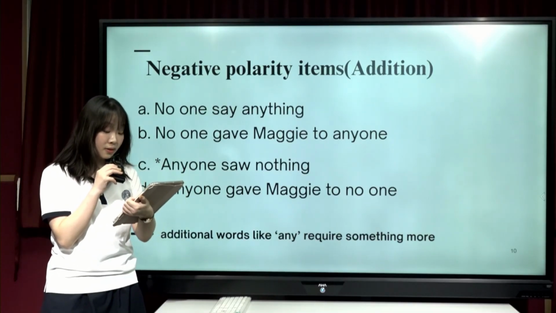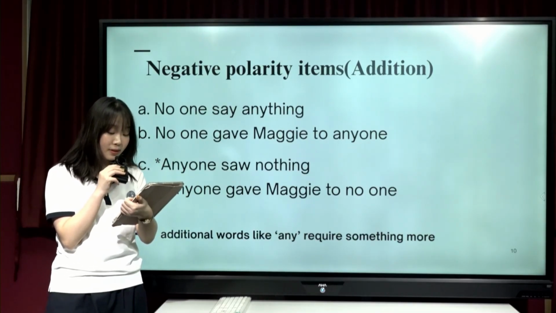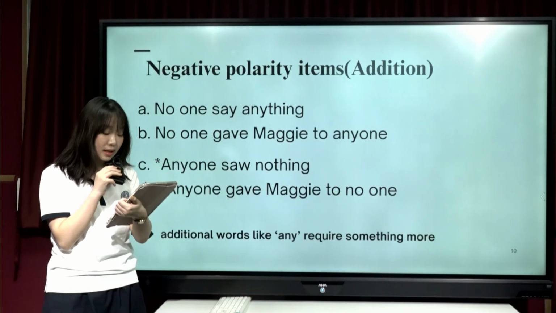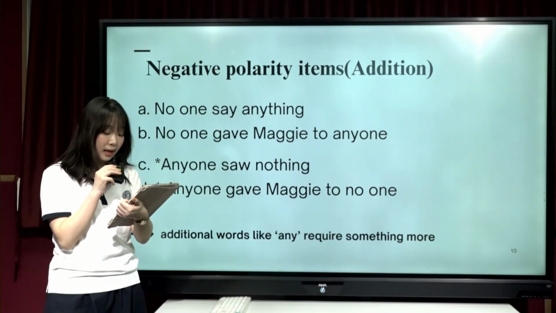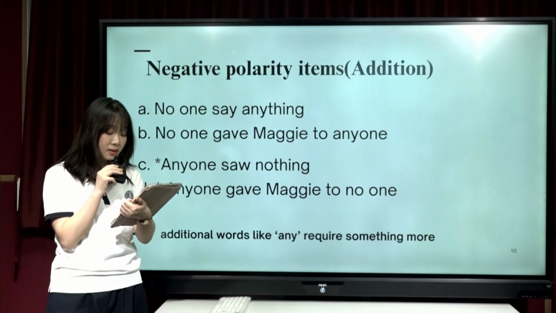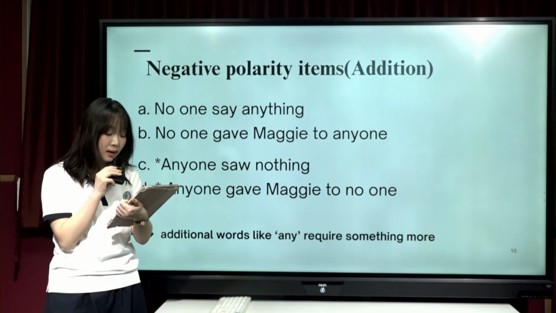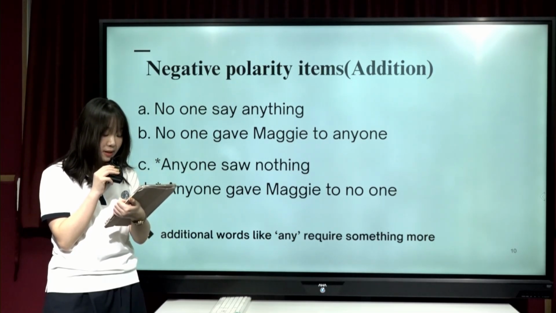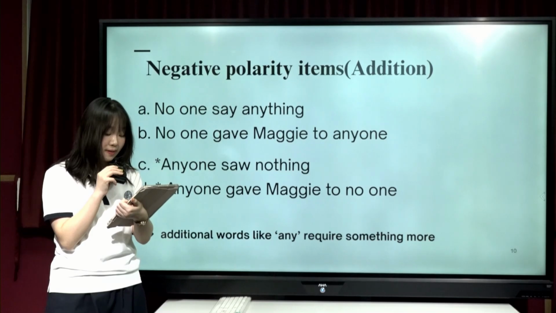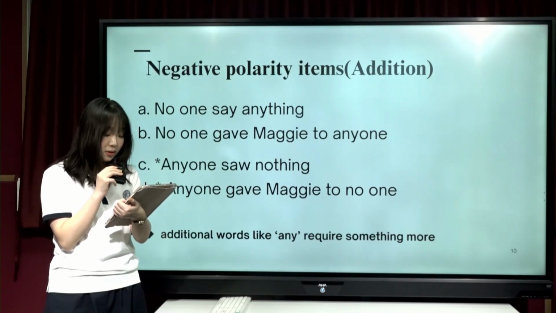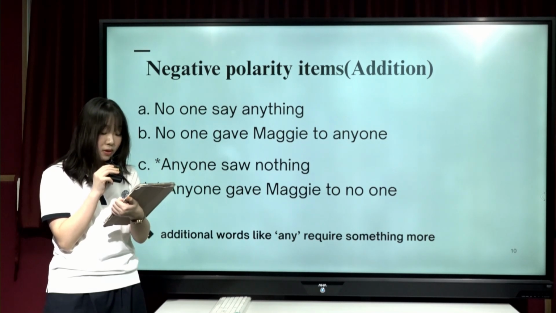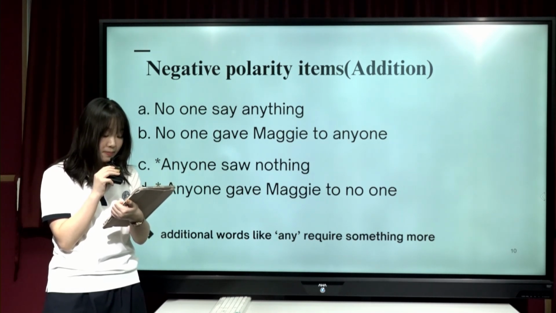However, the data also make clear that simply having a negative word in the same sentence is not enough. Consider the word any. Sentences such as no one saw anything or Homer gave nothing to anyone are well formed. Yet sentences like anyone saw nothing or Homer gave anything to no one are not. Both groups of sentences contain a negative element, but only the first group is acceptable.